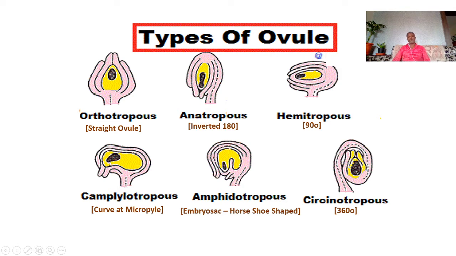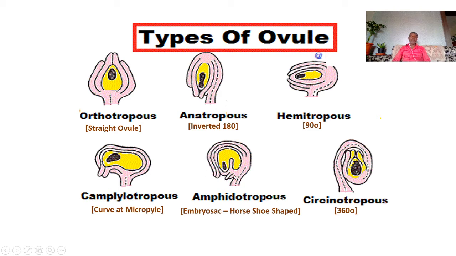Here you can observe that the embryo sac is straight, it is not curved. So this is the campylotropous ovule, and it shows a little more curvature than the hemitropous ovule. Examples are the Leguminosae family and the Rosaceae family, where you can see this type of ovule.